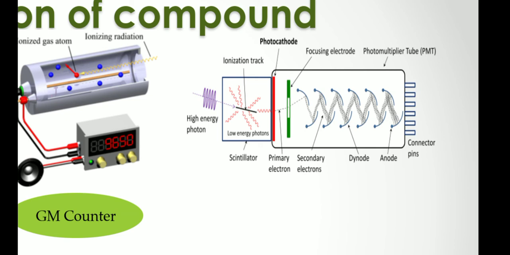Here the detector used is the photomultiplier tube, and this method depends on the production of fluorescence in a crystal. A crystal having the property of fluorescing in the presence of radioactivity is known as a phosphor. Zinc sulfide crystals can be used for this technique.